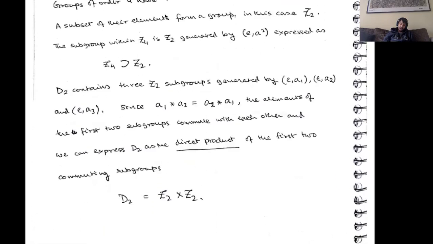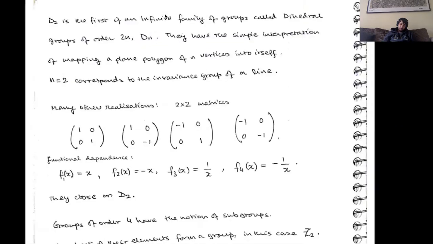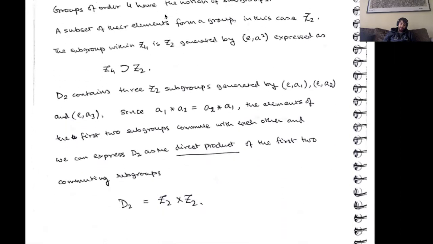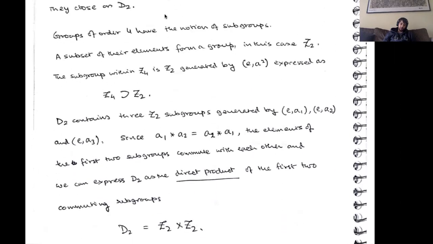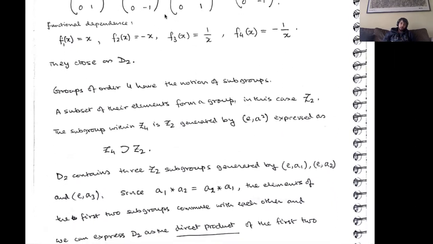Let's try and end this lecture with the notion of subgroups. So with subgroups, a subset of the elements of the entire group will also close to form a group itself.